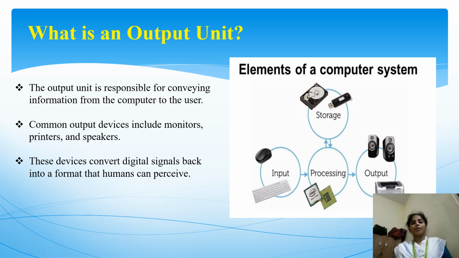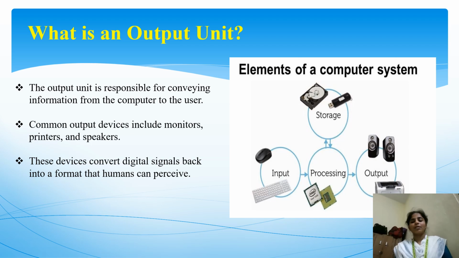Previously we discussed the input unit. The input is given by the user, the input information is studied by the computer, and it returns the output to the user. That is an output unit.